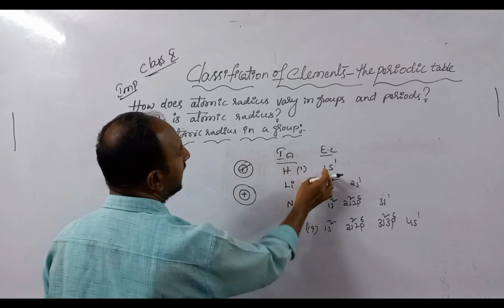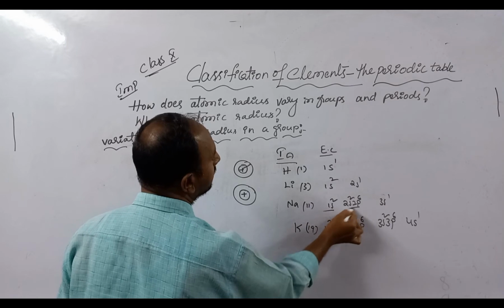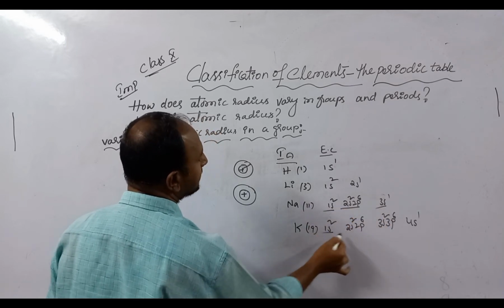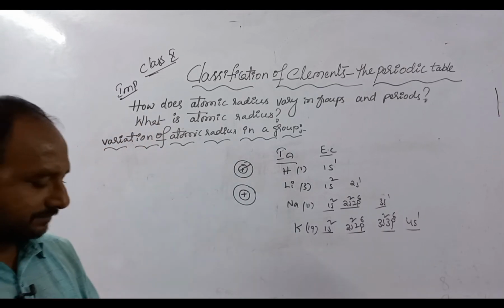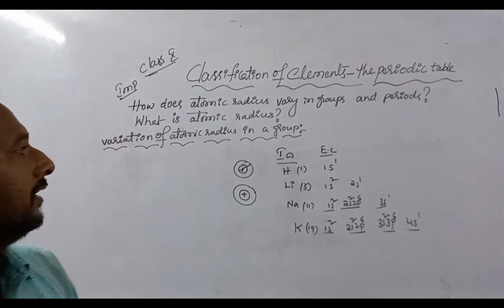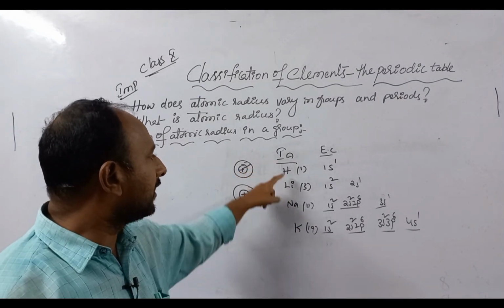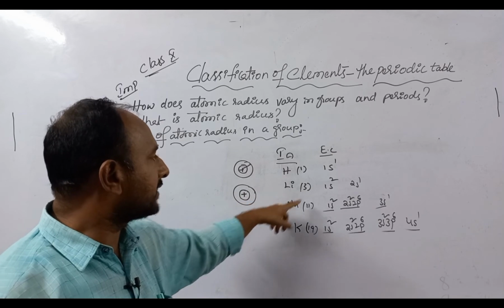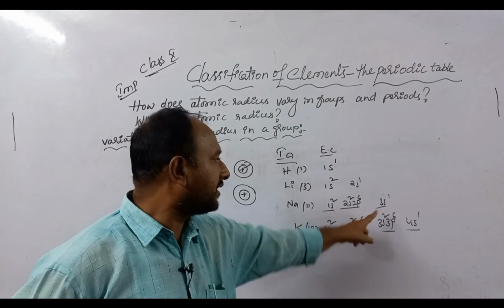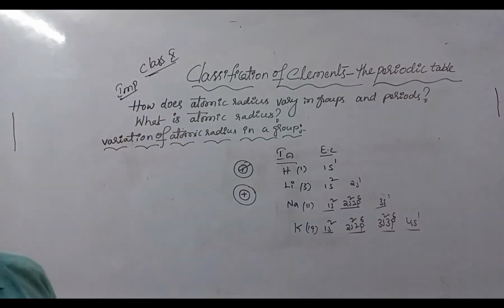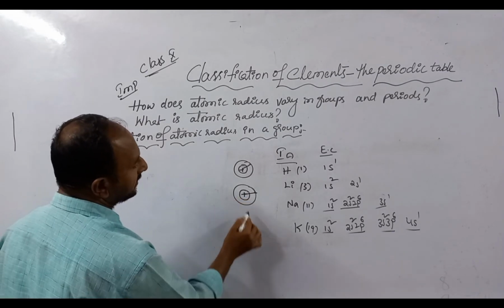So hydrogen has only one shell, lithium has 2 shells, sodium has 3 shells, potassium has 4 shells. So when we come down from top to bottom in the group, the number of shells increases: 1 shell, 2 shells, 3 shells, 4 shells. So this is the atomic radius for lithium.